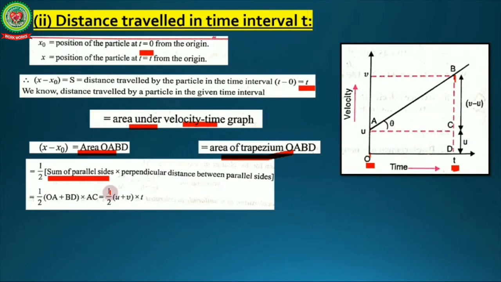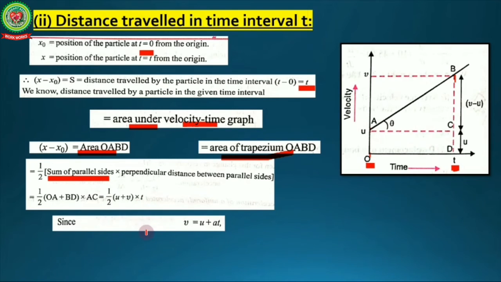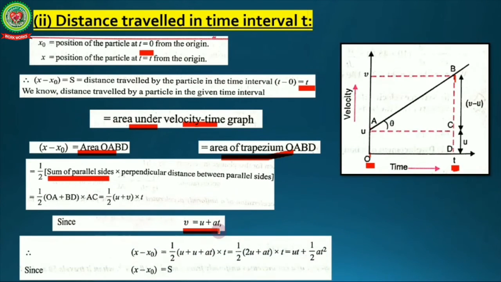So we'll get half into U plus V multiplied by time. Now we also know that V is equal to U plus AT, which is the first equation of motion. So we can put this value here. So x minus x naught is equal to half into u plus, in place of this v we are going to put u plus at, multiplied by t.